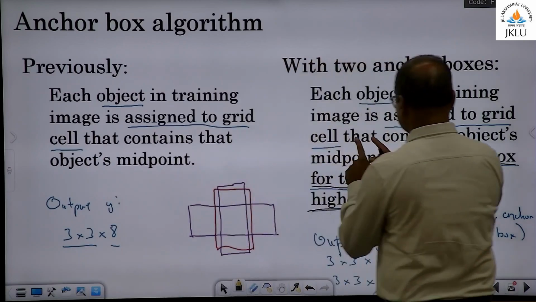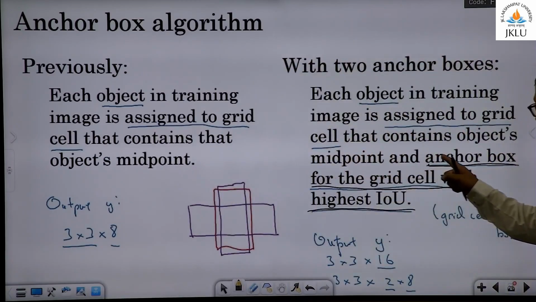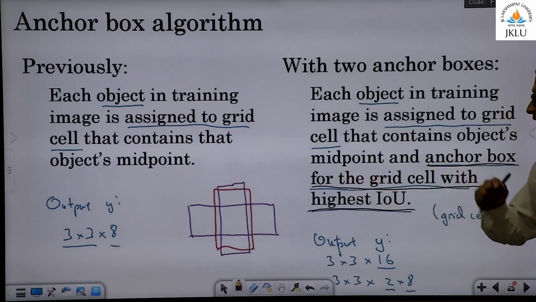Right. So that contains object's midpoint and anchor box for the grid cell with highest IOU.